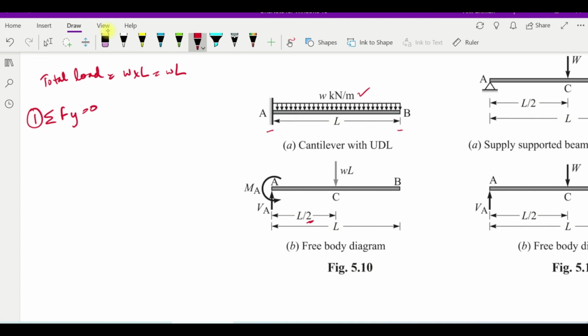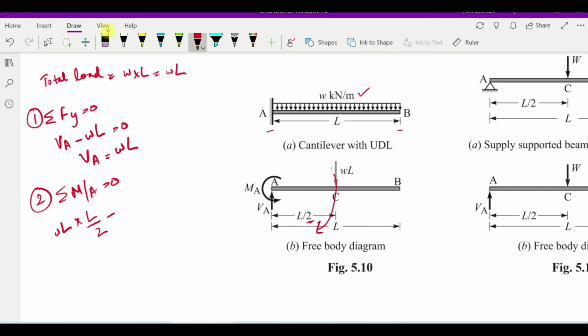Fy is equal to 0. So VA minus WL is equal to 0, which gives us VA equal to WL. Then let us take moment about point A equal to 0. The moment about point A will be WL force into distance L by 2, which will rotate the beam in clockwise direction, minus MA, which is anti-clockwise, equal to 0.